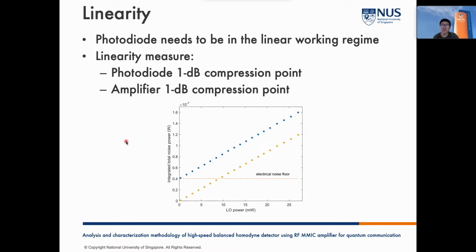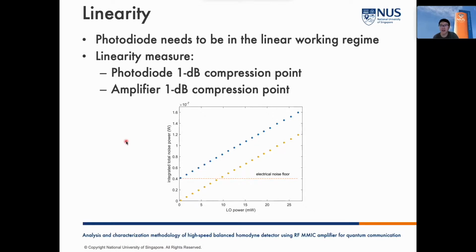One can also check the linearity, which is important because we need to ensure that the photodiode is in a linear working regime. One way to enforce an approximately linear working regime is by ensuring that both the photodiode and the amplifier are below the 1 dB compression point of the respective devices. The 1 dB compression point is the point at which the gain of the amplifier, or the responsivity of the photodiode, drops by 1 dB.